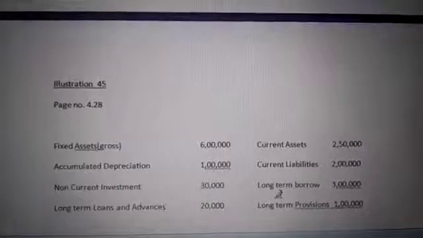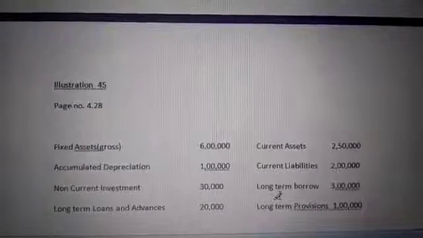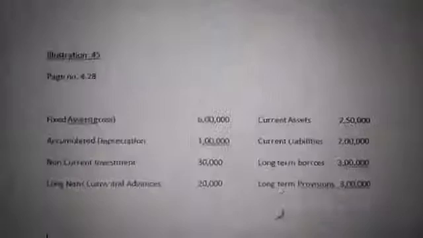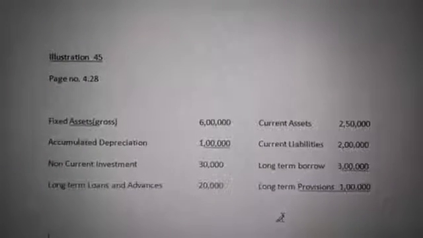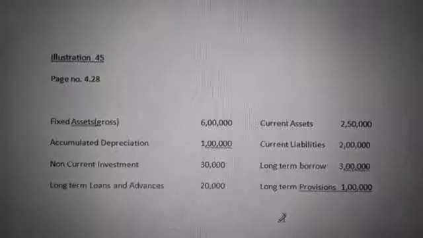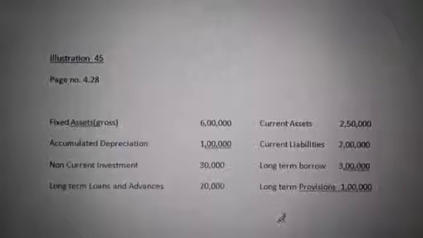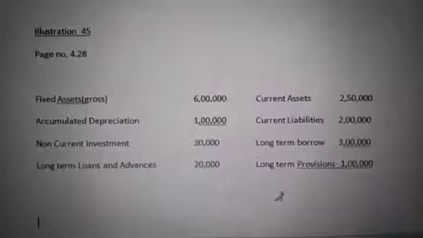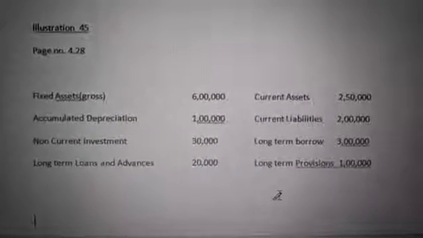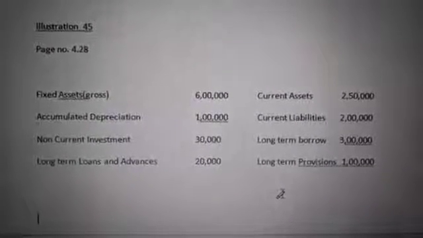Illustration number 45, page number 4.28. Here also the question is given to us. Fixed asset is given 6 lakh. Accumulated depreciation 1 lakh.